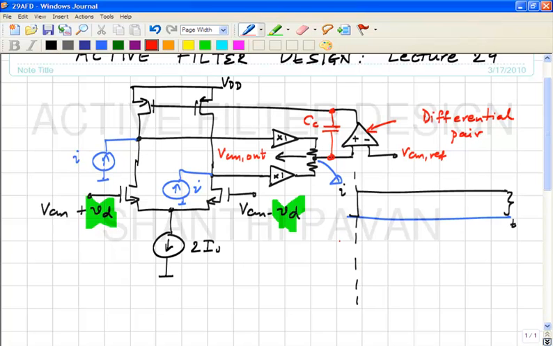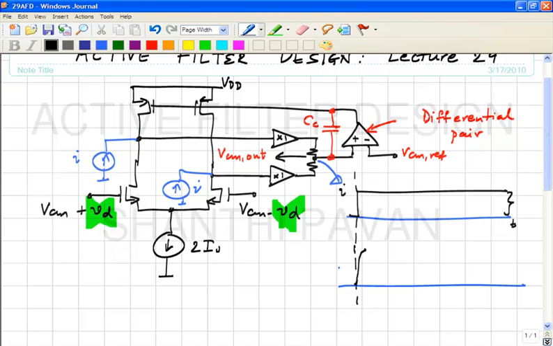So if you pump current into a node, what will be the tendency of the node potential? To increase, correct? So it probably does something like this.